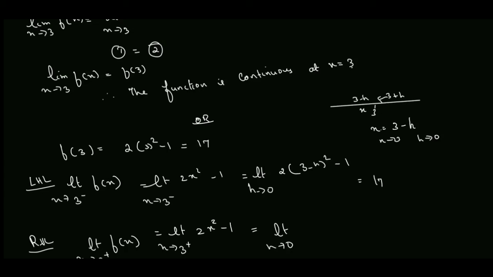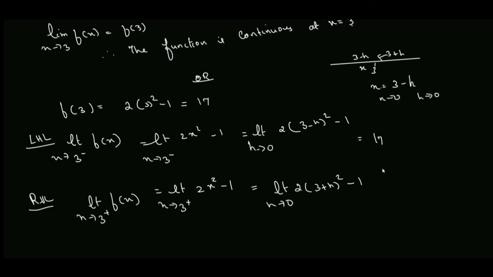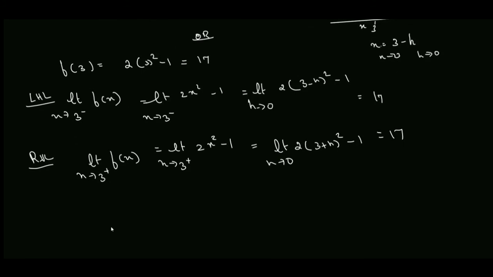So that will become 2 into 3 plus h the whole square minus 1. That again will give you the answer 17 when you put h is equal to 0. So the left hand limit is equal to the right hand limit is equal to 17.